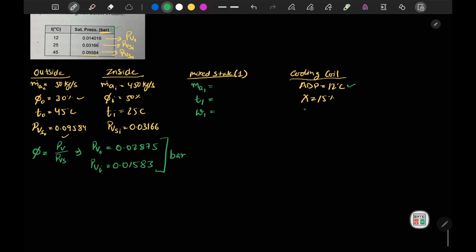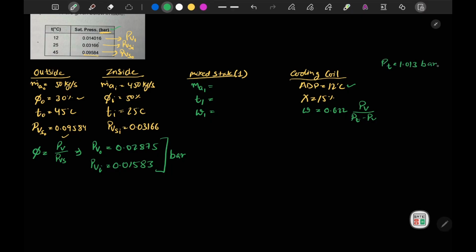So we can calculate omega value, specific humidity, which will be equal to 0.622 PV upon PT minus PV. PT we will take as 1.013 bar.